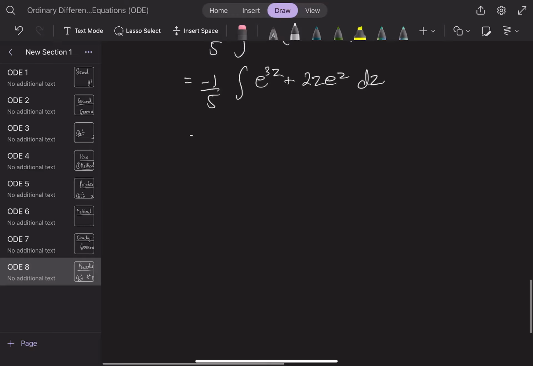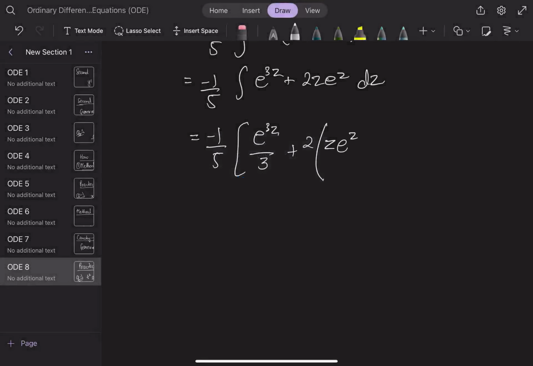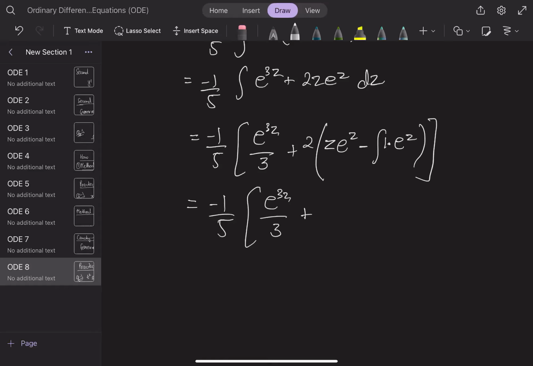Let's continue. Minus 1 by 5 e raised to 3z divided by 3 plus twice, here again integration by parts, z, integration of ez is ez, minus integration of differentiation of z is 1 and integration of ez is ez. E raised to 3z by 3 plus twice of z e raised to z minus e raised to z.